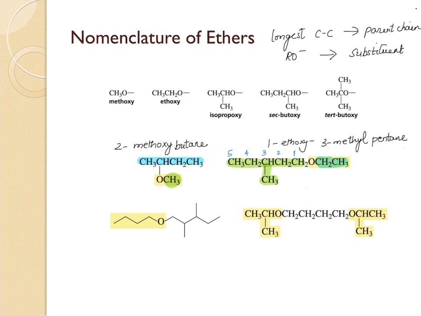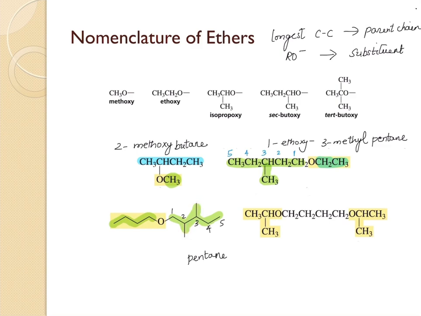Let's find the two alkyl groups here. So this is one of the alkyl groups, and this is the other alkyl group. Between these two, which one has got higher number of carbons? Obviously the one on the left, right? So let's number the carbons: 1, 2, 3, 4, 5. This is again pentane. On pentane are present 2 methyl groups, one at position 2 and the other one at position 3.